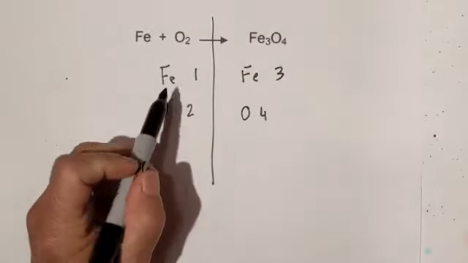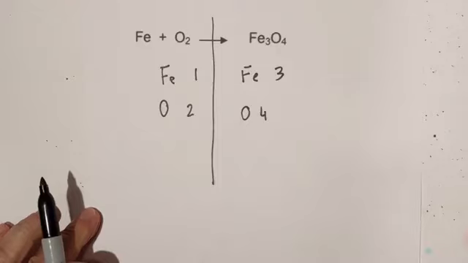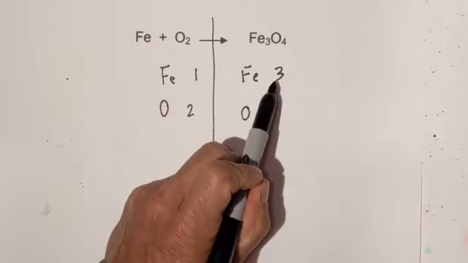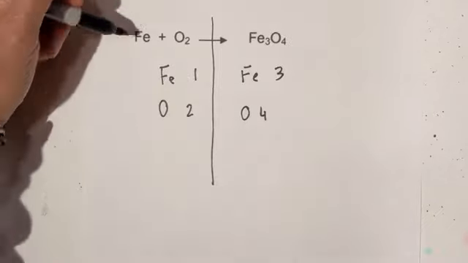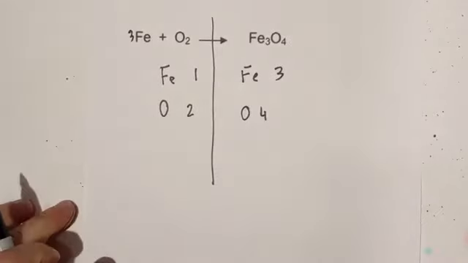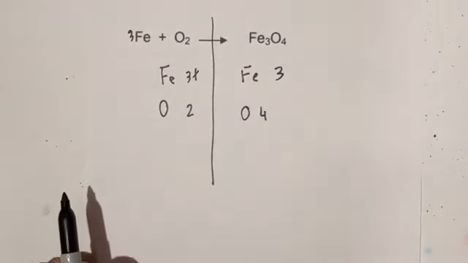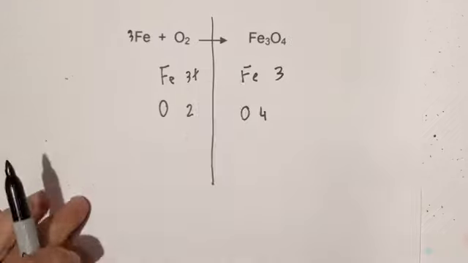Okay, so let's start with the metal. I always start with the metal first, and we have 3 on this side, 1 on this side, so I can add a 3 to multiply it by there. So 3 times 1 is 3. So now the metals are balanced.